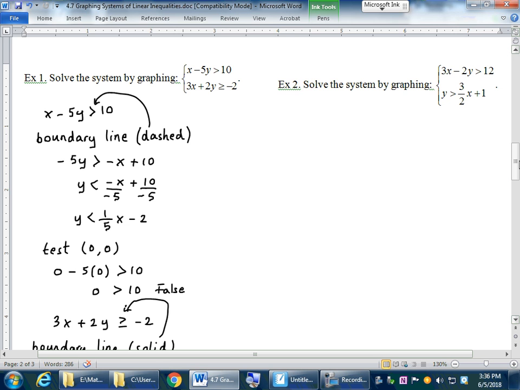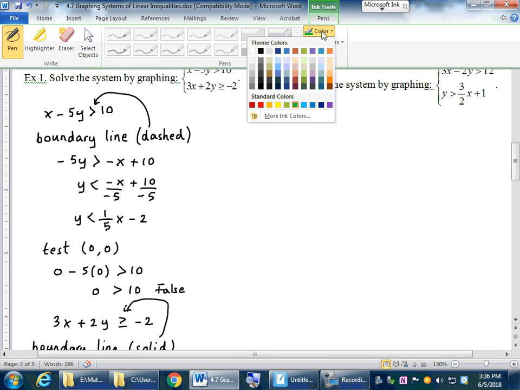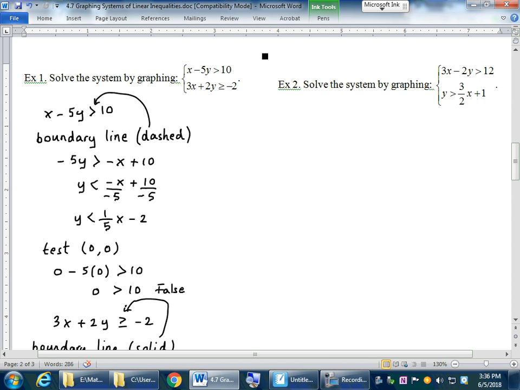Example 2. So let's take a look at the first inequality: 3x minus 2y is greater than 12. The boundary line in this case will be a dashed line because this inequality is greater than.